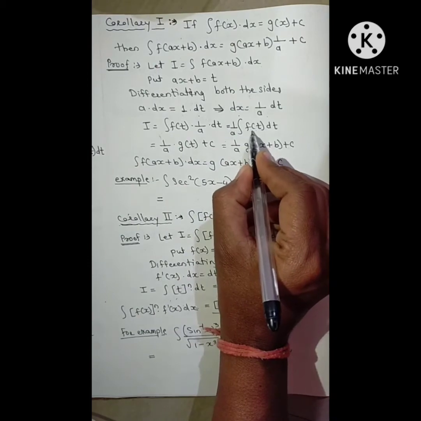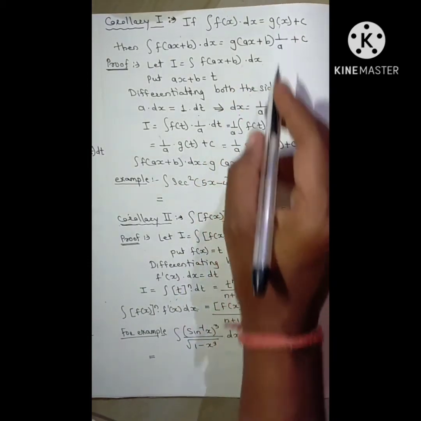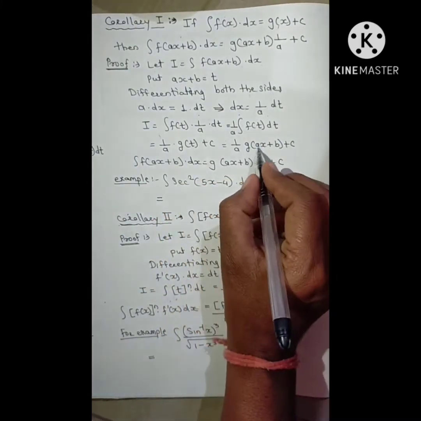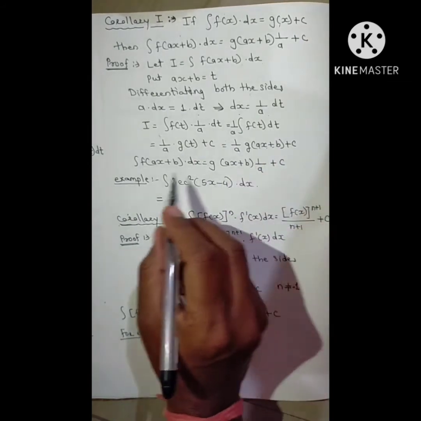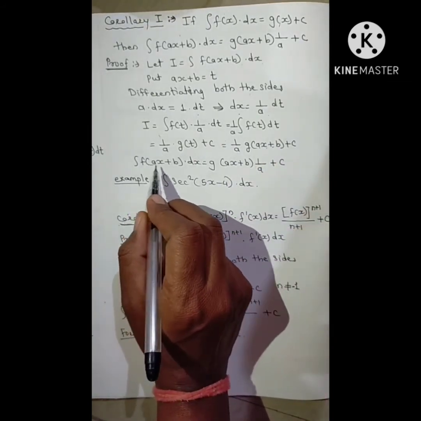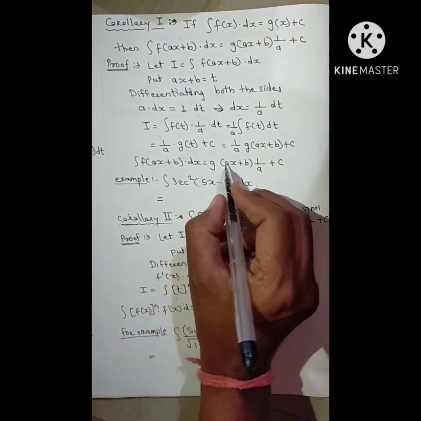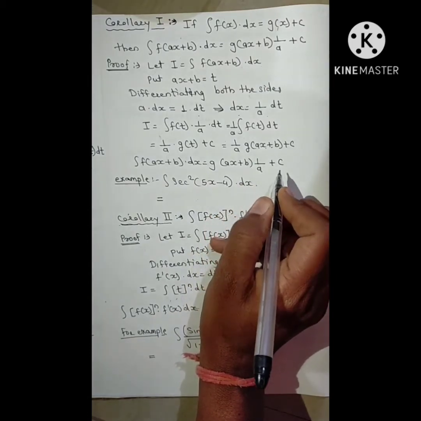This is equal to 1 upon a g of ax plus b plus c. Therefore, integration f of ax plus b into dx is equal to g of ax plus b into 1 upon a plus c.